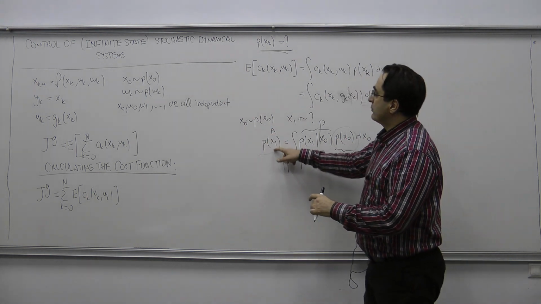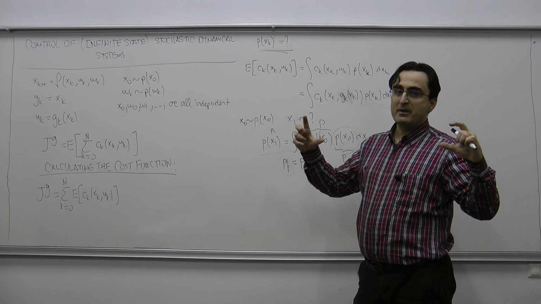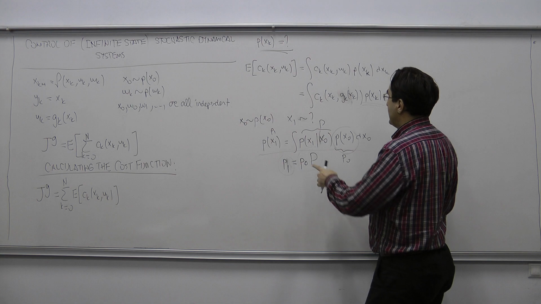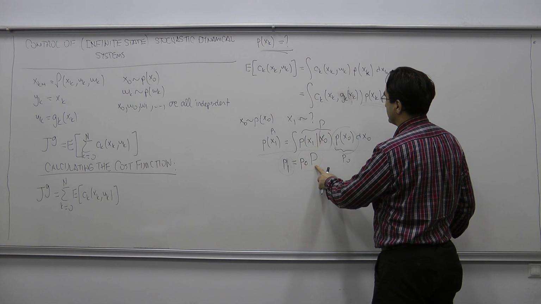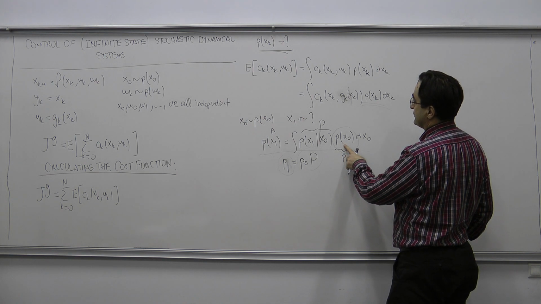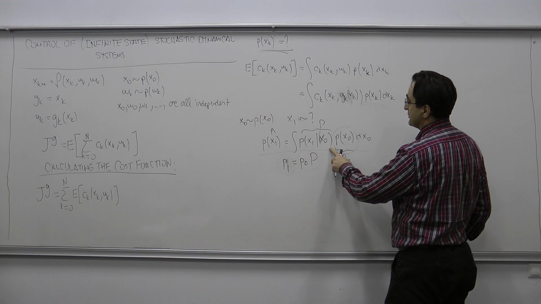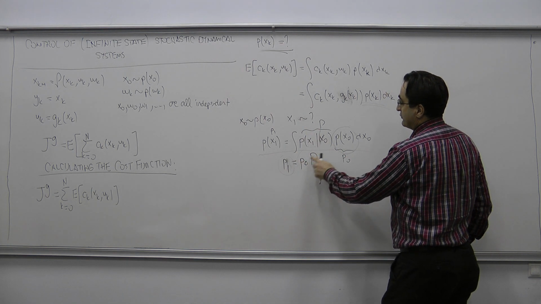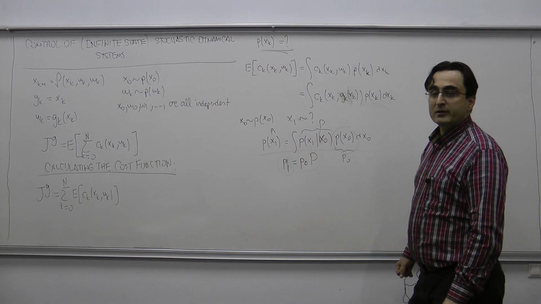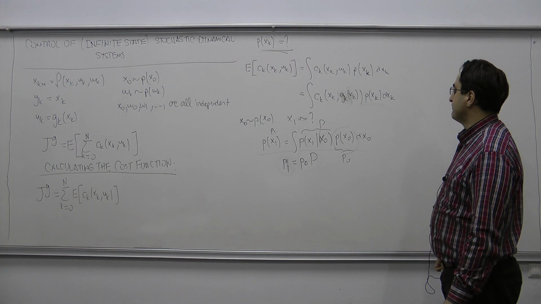So if you think about this P of x1 as a horizontal vector with infinitely many elements, then this integral is nothing but this vector and matrix multiplication. This is my earlier distribution vector, and this is my transition probability matrix. And the integral just represents the vector matrix multiplication here, okay? And that gives you this.